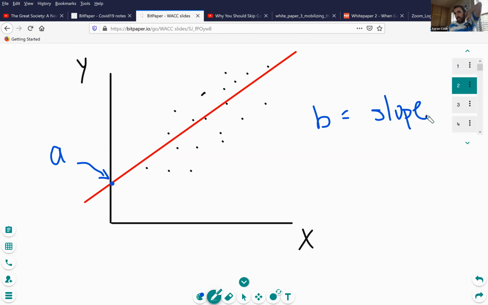Now, if we have both of those parameters free, if we're trying to fit a line through these data such that we minimize the sum of the squared errors between each of the data points and the line that we construct based on the choice of a and b, both of those are free parameters.